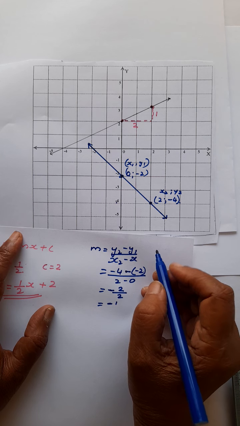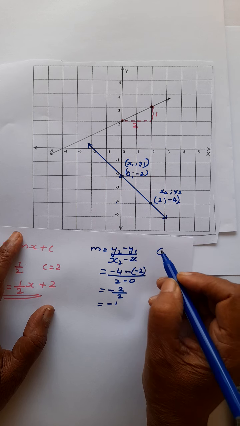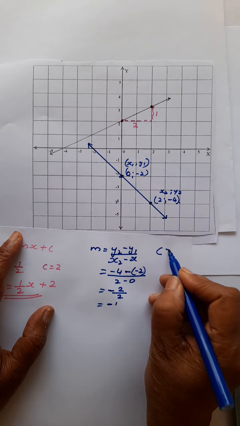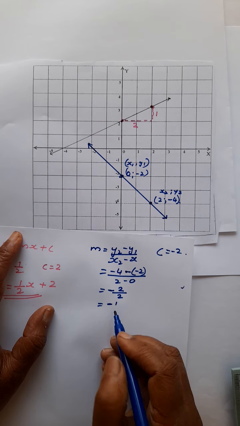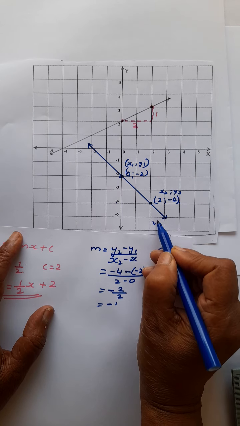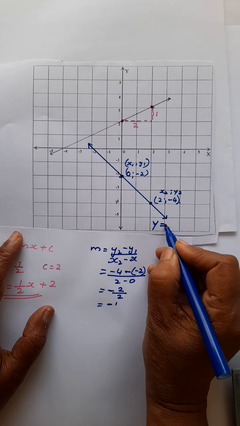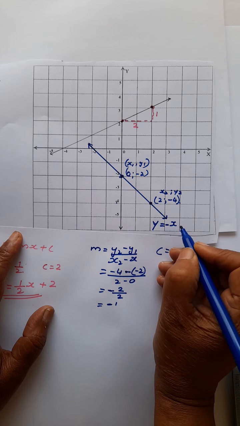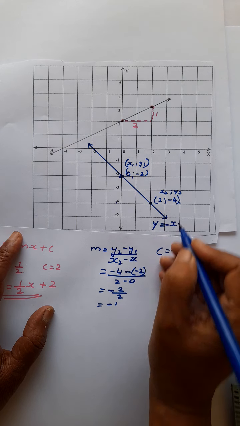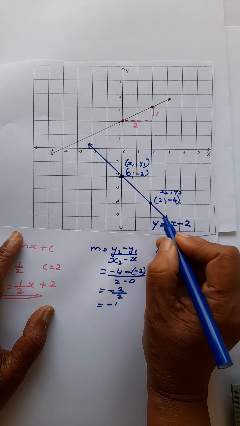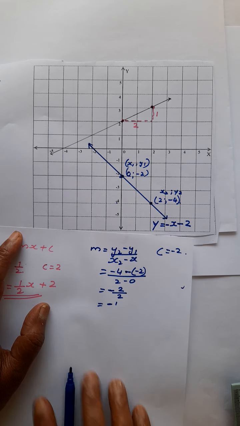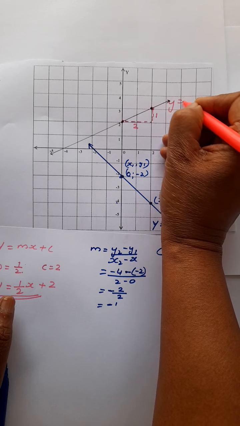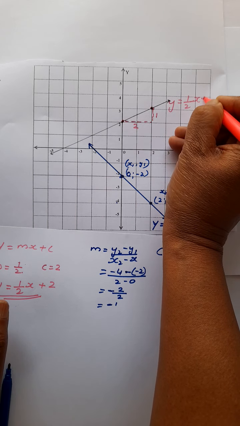And what about c? c is where the graph crosses the y-axis, which is negative 2. So what is the equation of this graph? y is equal to negative x, because 1x means x, minus 2. So that is the equation of this graph. And the equation of the other one is y is equal to half x plus 2.